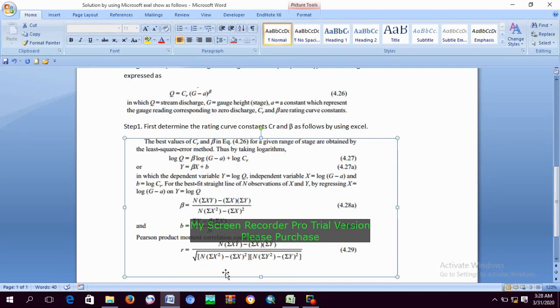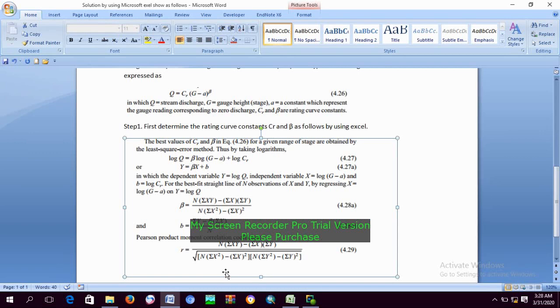If the R value approaches 1, there is a good correlation between Q and stage. If the value of R approaches 0, the correlation between the two variables is weak or poor.